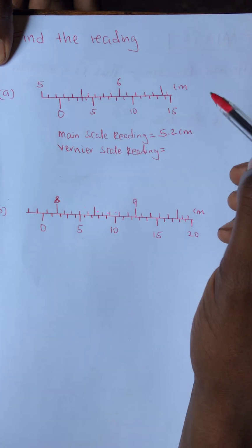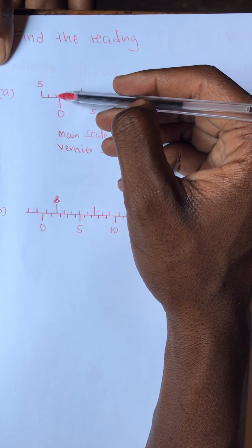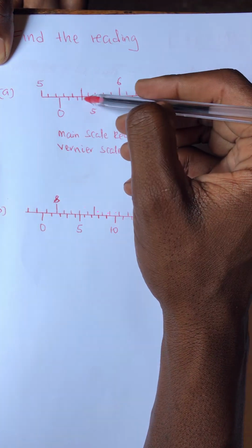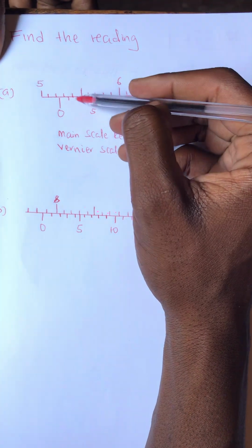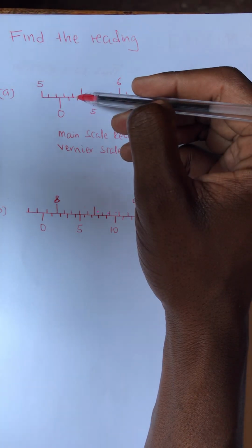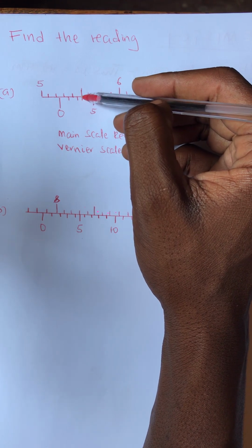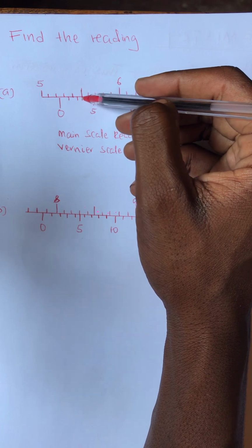So 0, 1, 2, 3, 4, 5, that's how they were counting. On 1, there's nothing on top. On 2, there's nothing on top. But on 3, on the third digit there, there's that other value on top. So they are coinciding at 3.